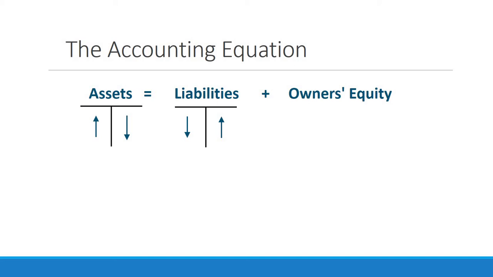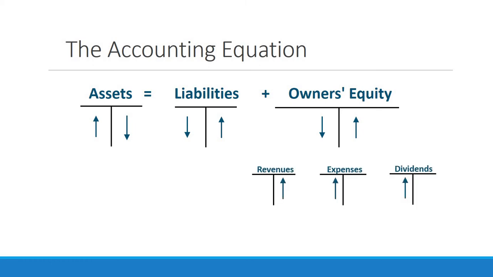Liabilities work just the opposite. If we want to increase a liability, we would credit that liability account, and by crediting that account, we would increase the liability account. If we wanted to decrease the liability account or show that we owe less money, we would put something on the debit side of that liability account. And owner's equity works just the same as liabilities. But remember, let's break the owner's equity up a little bit. So we've got revenue, expenses, and dividends, as well as our capital stock.